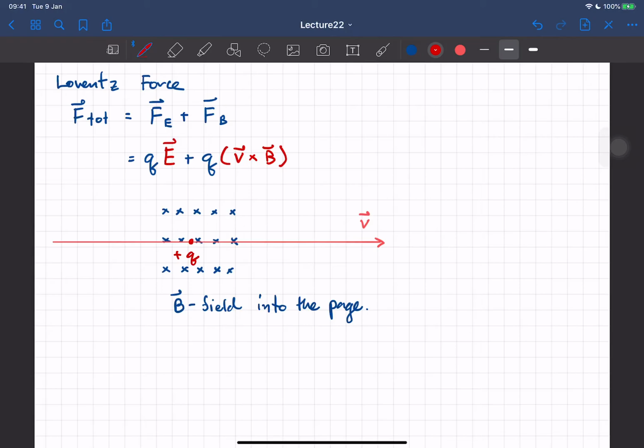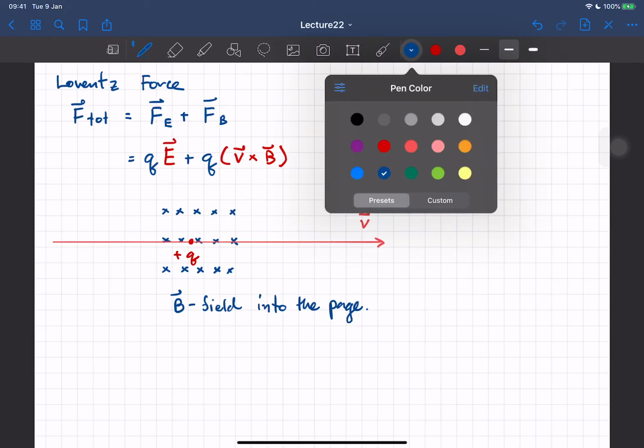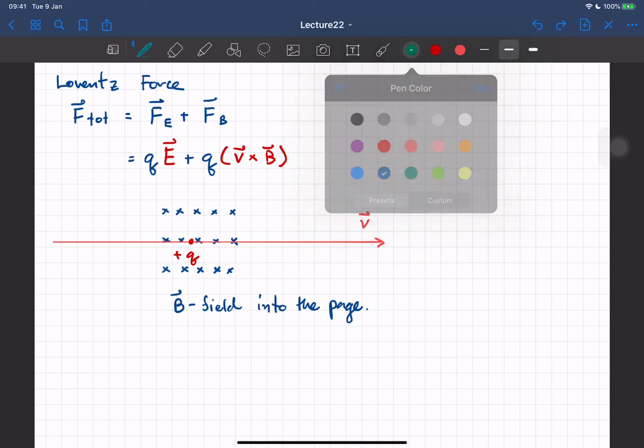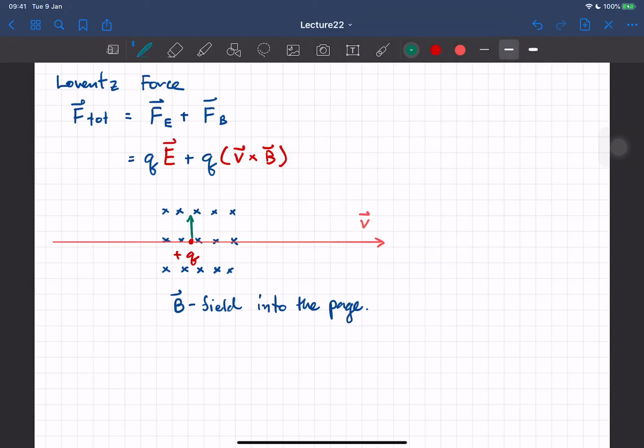So velocity going to the right, magnetic field going into the page. You need to convince yourself that the magnetic force will be pointing up. So, v cross B, magnetic force going up. I will use this color. F_B going up.